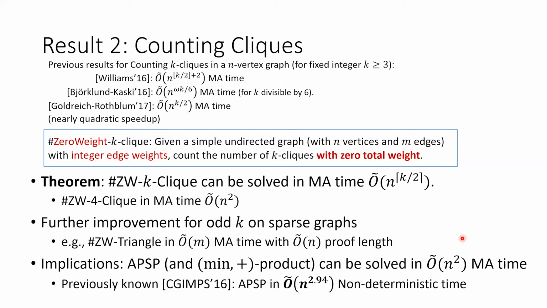We can also compare this with the previous result by Carmosino et al., which showed that APSP had an n to the 2.94 non-deterministic algorithm. Again, our protocol achieves a better running time by using the power of randomness.